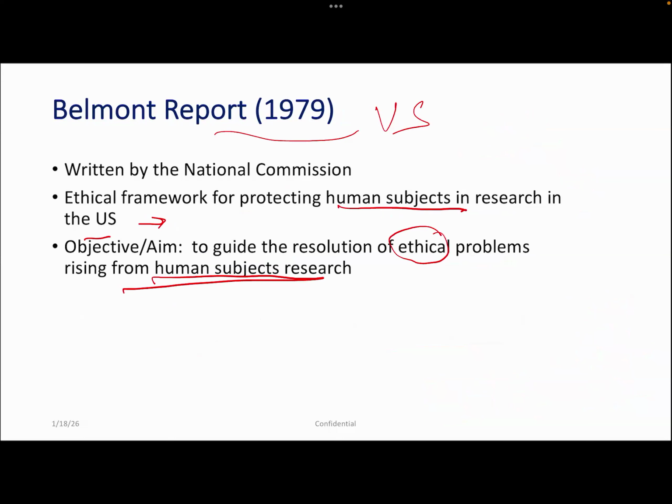Their thought process was that scientists, when designing research, sometimes ignore the ethical side of the research. They get too focused on the outcome, or too busy resolving the scientific side of the story, not the human side of the story.